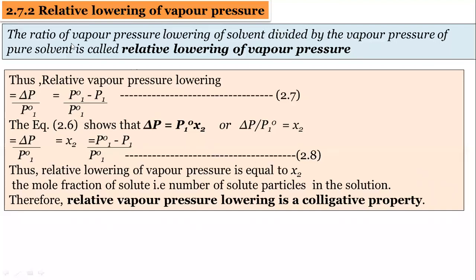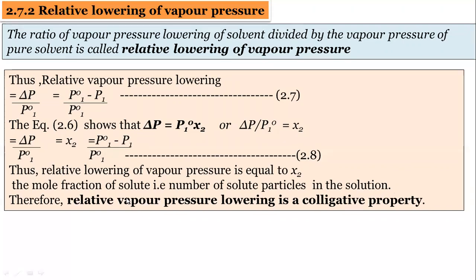Explain. If this question is asked for 2 marks, we have to write all these things and derive delta P upon P01 is equal to X2. This expression indicates that relative lowering of vapor pressure is equal to X2, and X2 is nothing but the mole fraction of the solute. That is, mole fraction means the number of solute particles in the solution.